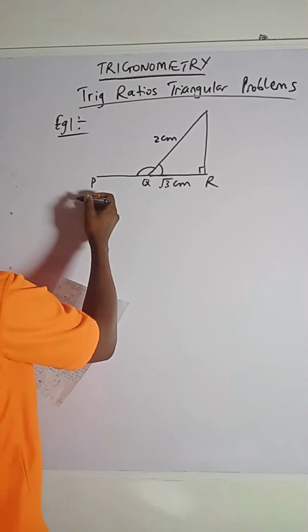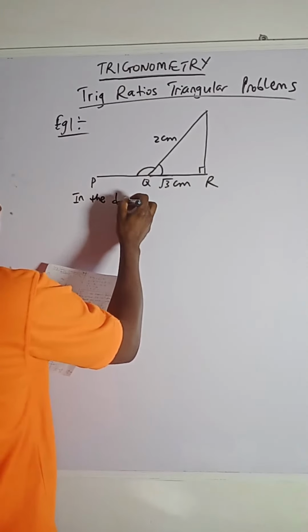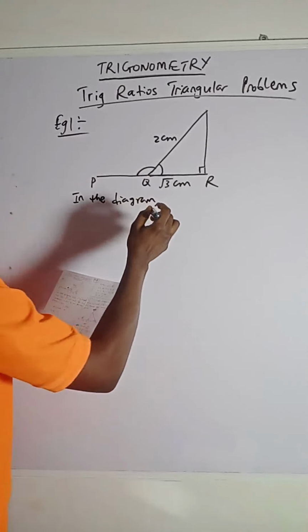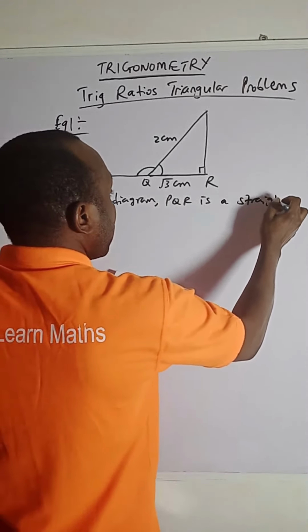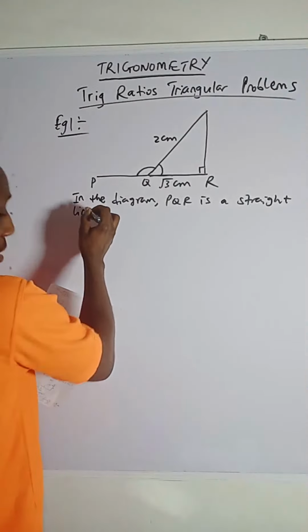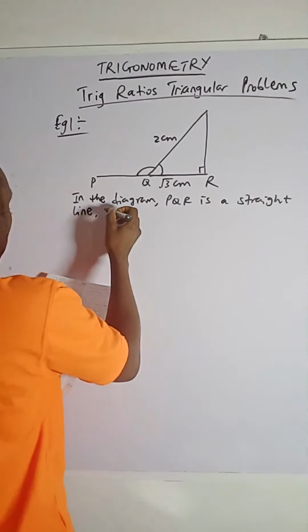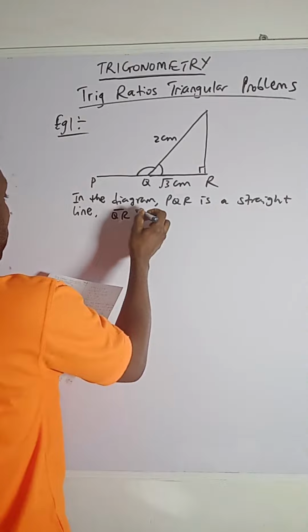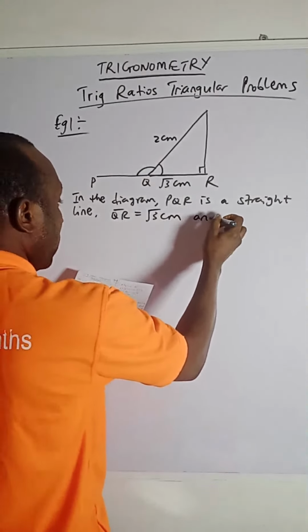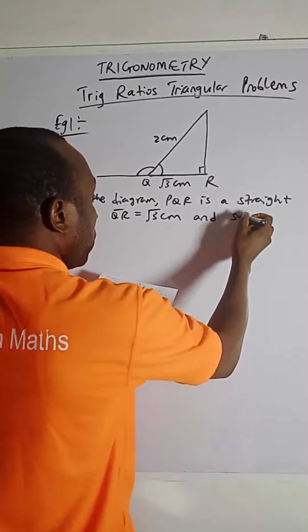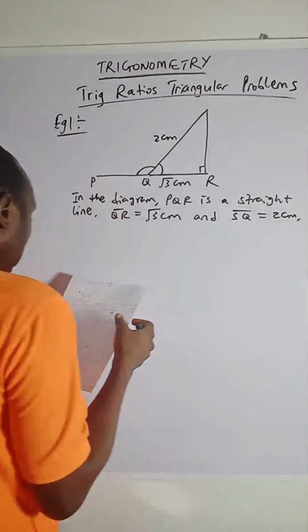So the instruction says, in the diagram, PQR is a straight line. QR is equal to √3 centimeters, and SQ is equal to 2 centimeters.